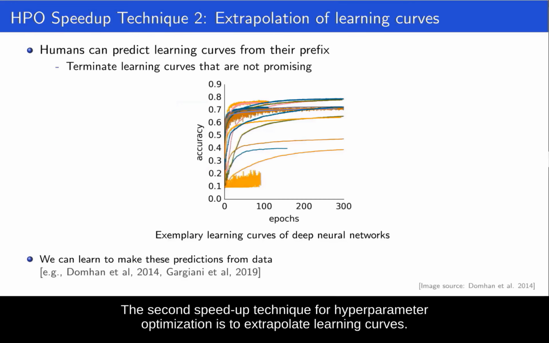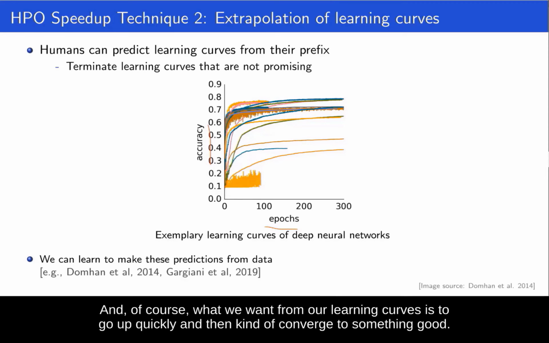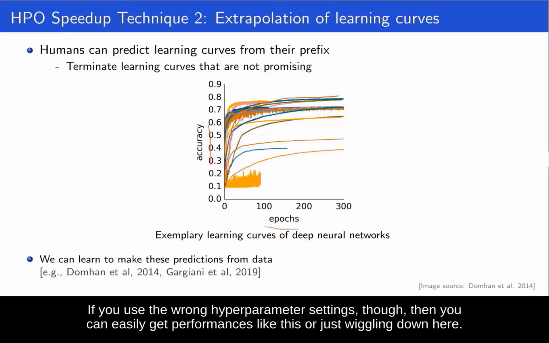The second speedup technique for hyperparameter optimization is to extrapolate learning curves. So let's have a look at typical learning curves of neural networks. Here we have the number of epochs, and here we have the accuracy. And of course, what we want from our learning curves is to go up quickly and then converge to something good.